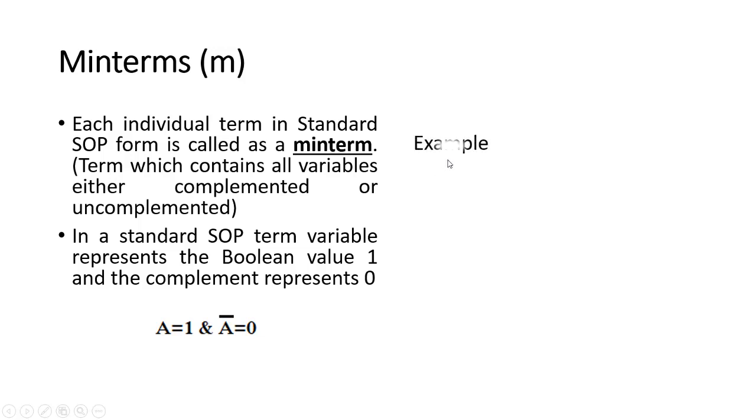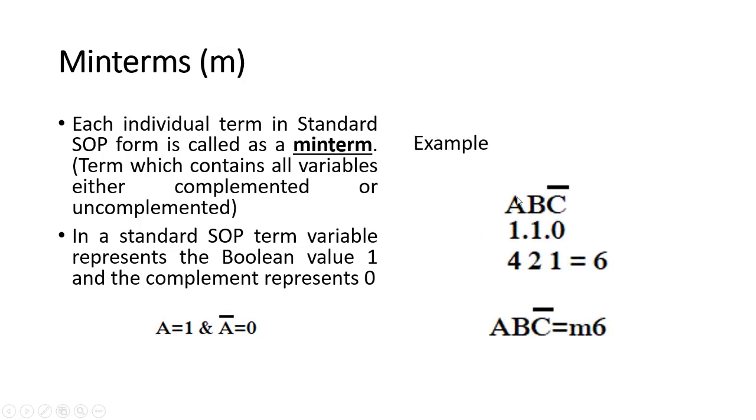So the standard SOP term we can write like this. ABC bar is standard and we replace it with 1 1 0, because variable A and variable B are represented by the Boolean value 1, and this is C bar, so we represent it with 0.